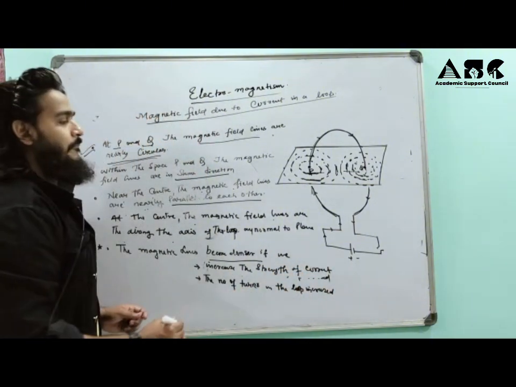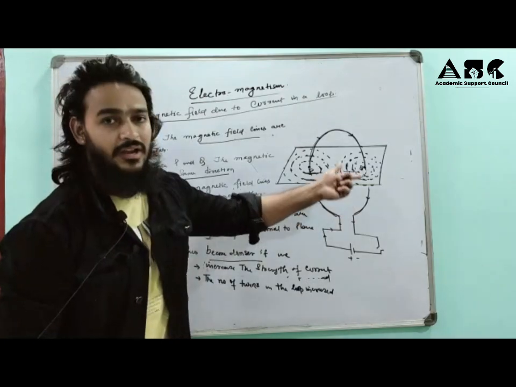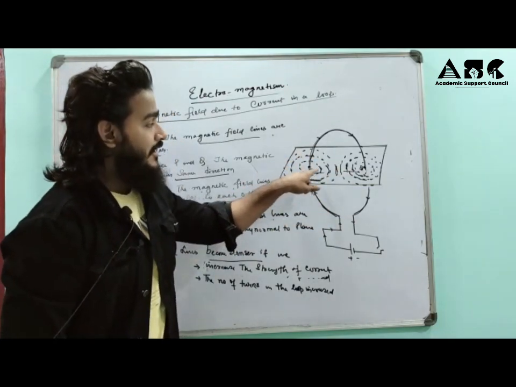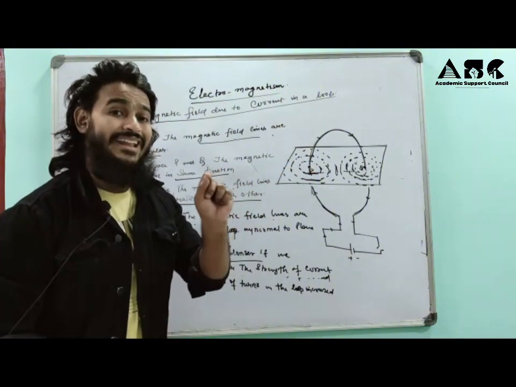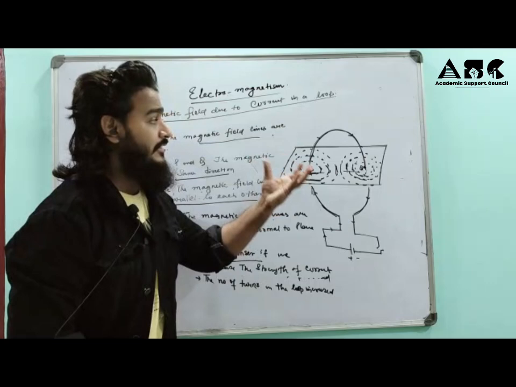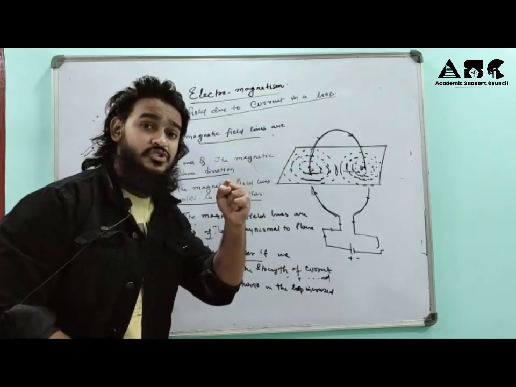The point is clear. If you increase the strength of the current, then the magnetic lines of force will be more dense. More dense means the magnetic field will be strong. The strength of the magnetic field will be stronger.